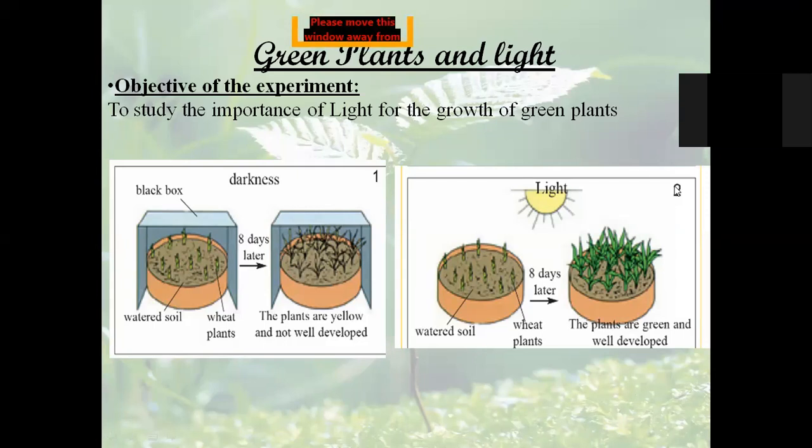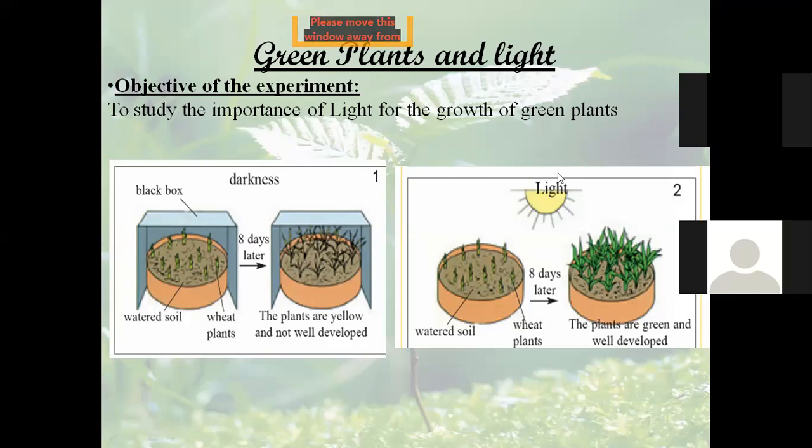Moving to Yaqub. Yaqub, if I told you, compare the aspects of plants 1 and 2. In plant 1, they were covered by a black box, while in plant 2, they weren't covered.